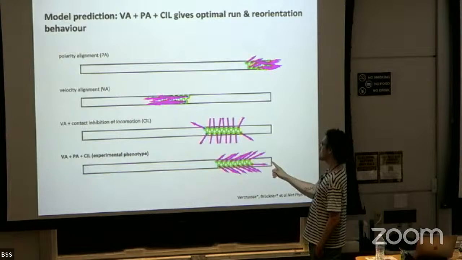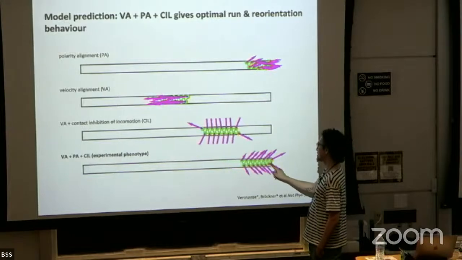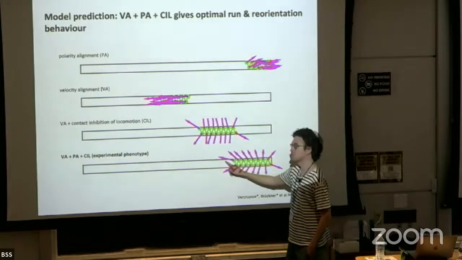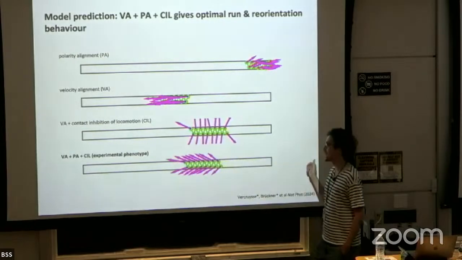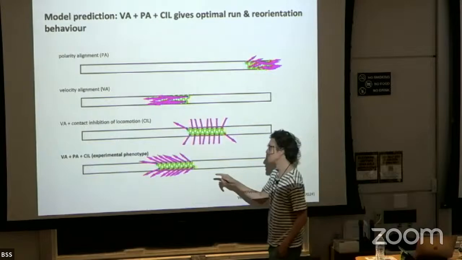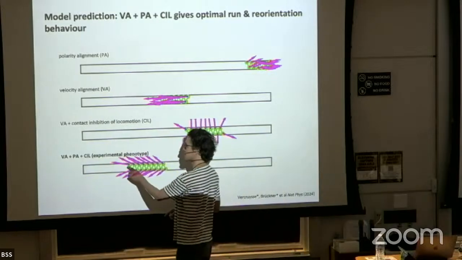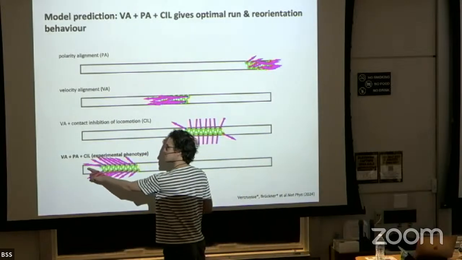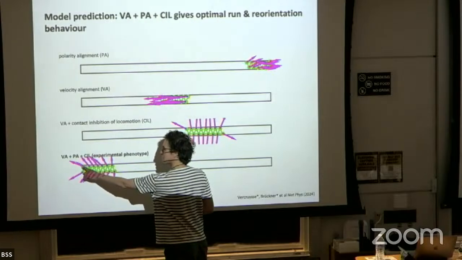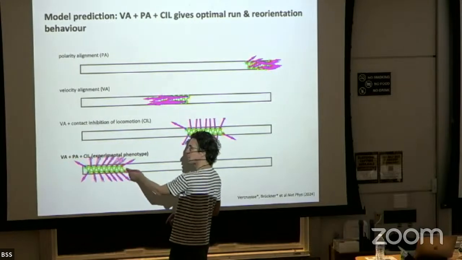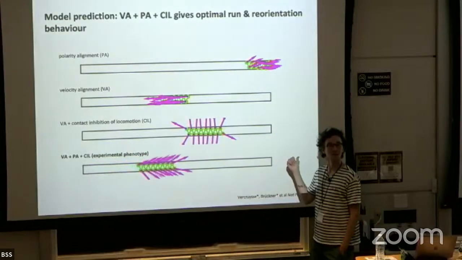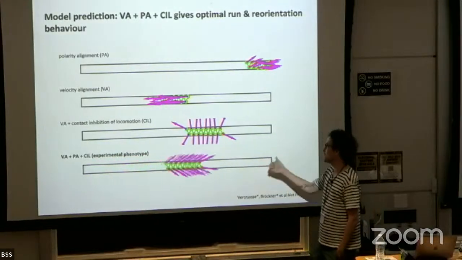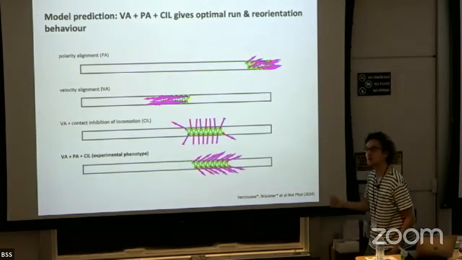Now, when you meet a neighbor, this one is going to repolarize, and because of polarity alignment, you transmit your polarization very fast. So there's almost an elastic collision: because of contact inhibition of locomotion, this one repolarizes very quickly and sends that information to the other one by polarity alignment. Therefore you spend almost no time against a wall, and you have near elastic collisions.